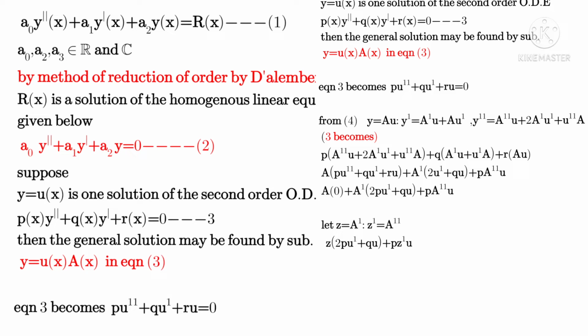Then we let z be a', such that z' will become a''. So we substitute z and z' into that expression above. So we have z(2pu' plus qu) plus pz'u.